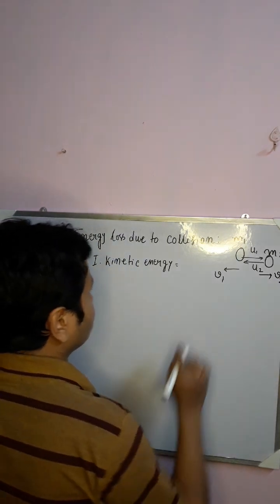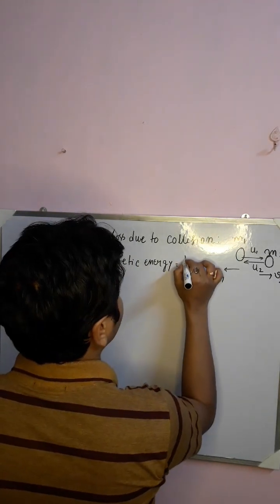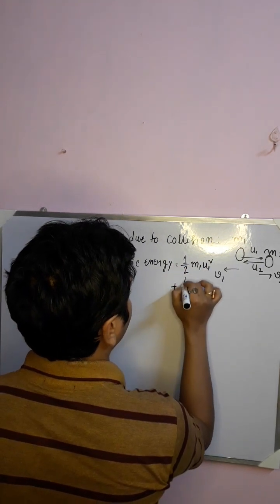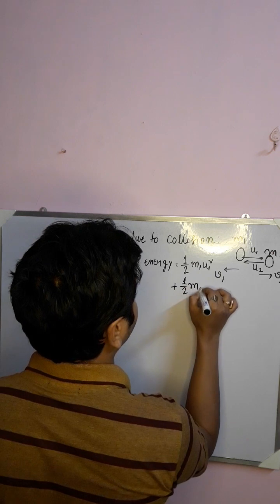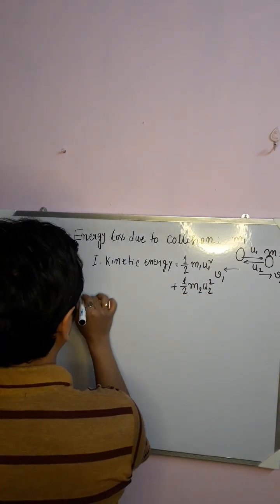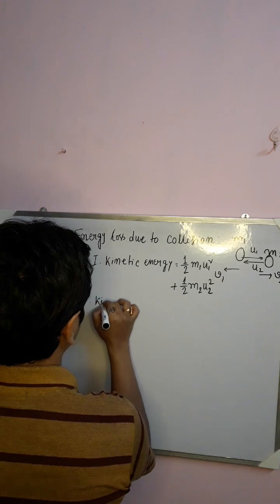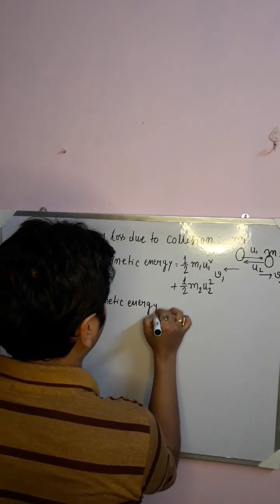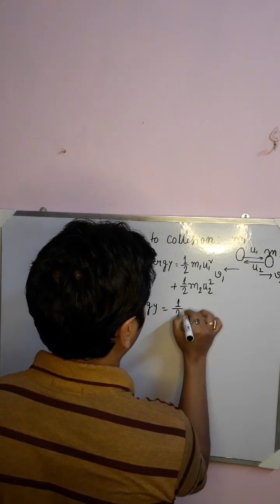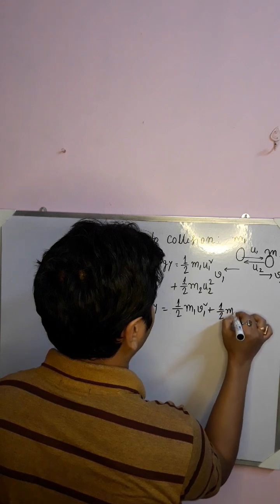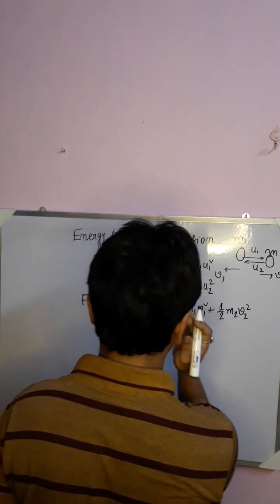So in this case the initial kinetic energy will be simply half m1 u1 square plus half m2 u2 square. So what will be the final kinetic energy? The final kinetic energy will be half m1 v1 square plus half m2 v2 square.